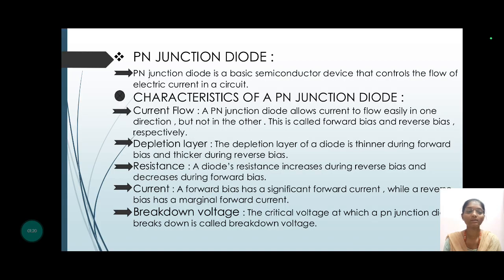A diode's resistance increases during reverse bias and decreases during forward bias. Current. A forward bias has a significant forward current, while a reverse bias has a marginal current. Breakdown voltage. The critical voltage at which a PN junction diode breaks down is called breakdown voltage.